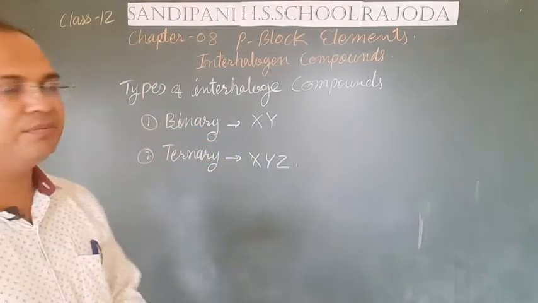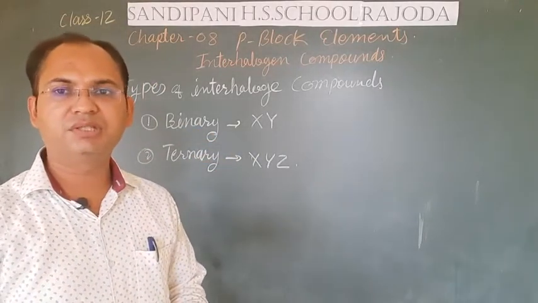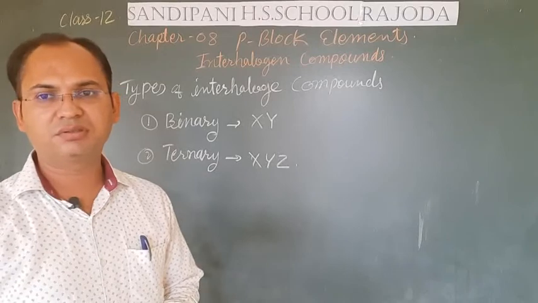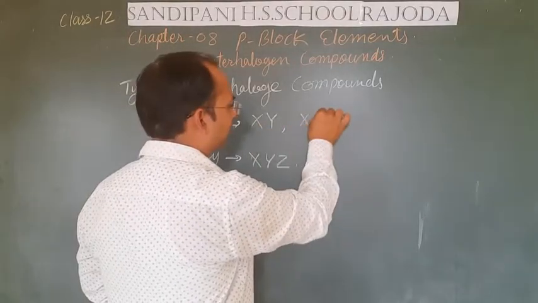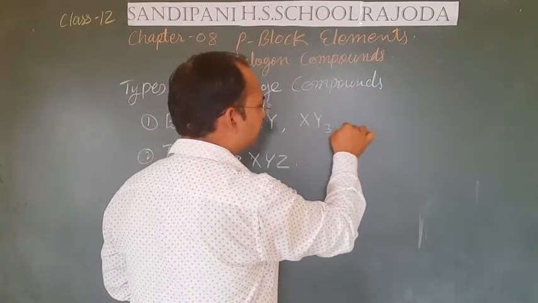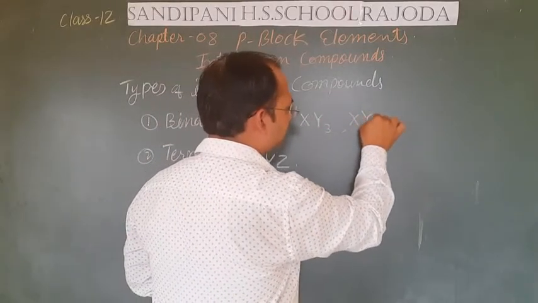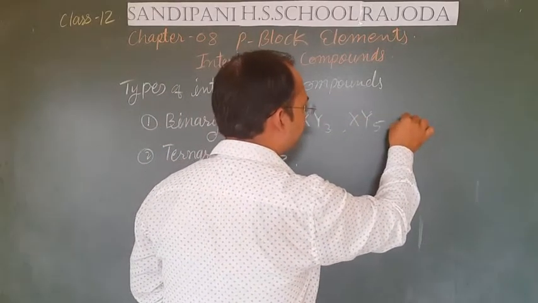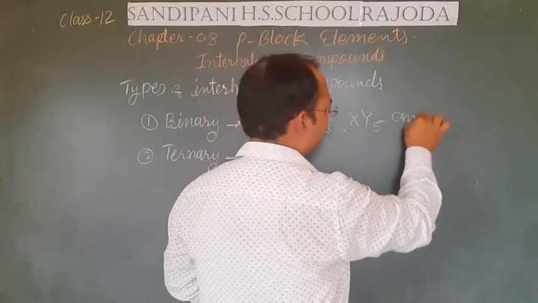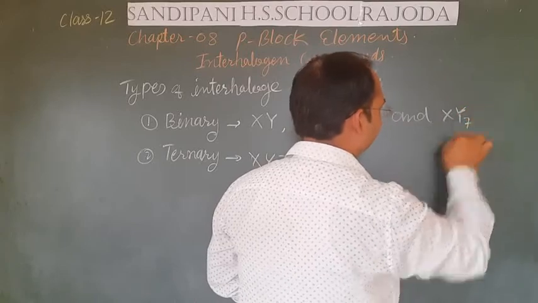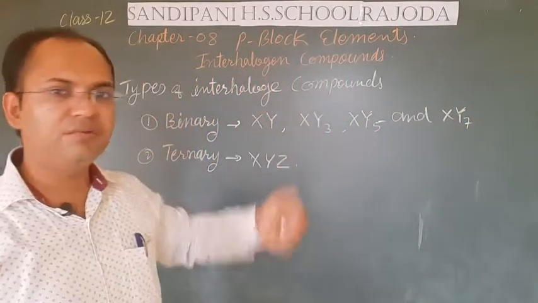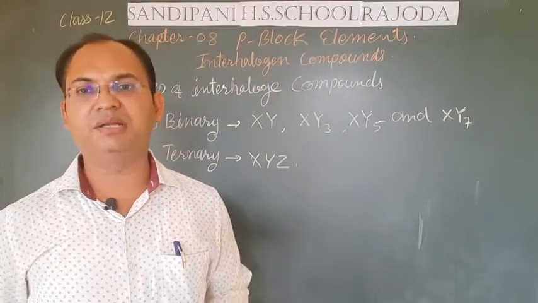In binary type of interhalogen compounds, they are mainly of four types. Let's see which types are: XY, XY3, XY5 and XY7, in which X and Y both are different halogens.